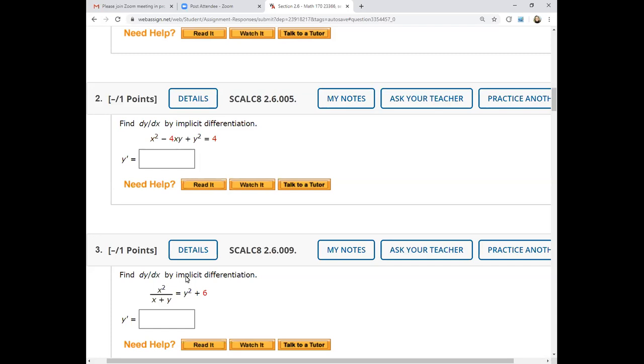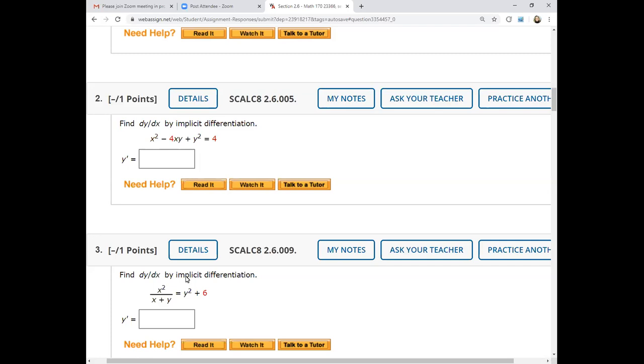Then I have to differentiate y squared with respect to x. So I get 2y, because I differentiated like normal. Then I treat y as a function of x. So by the chain rule, I have dy dx. 2y dy dx.